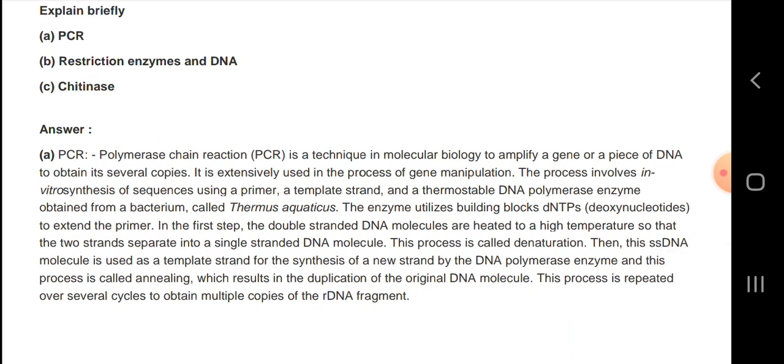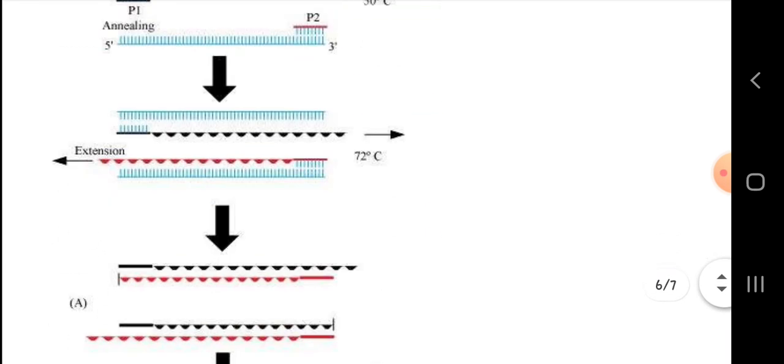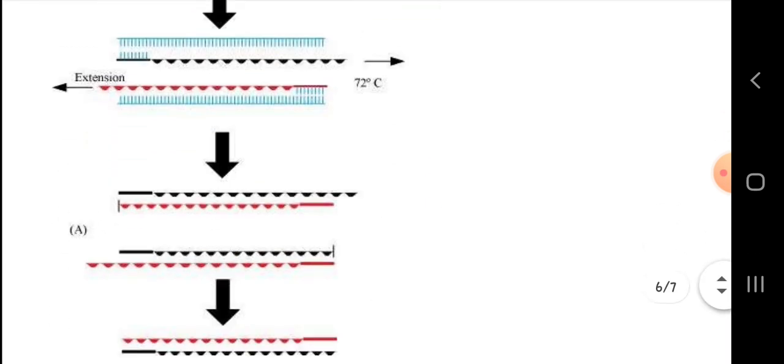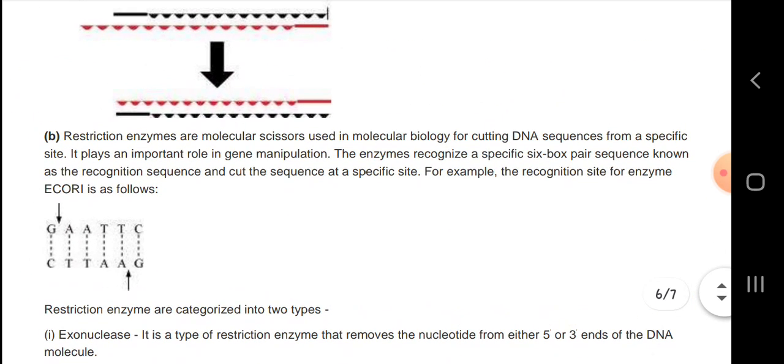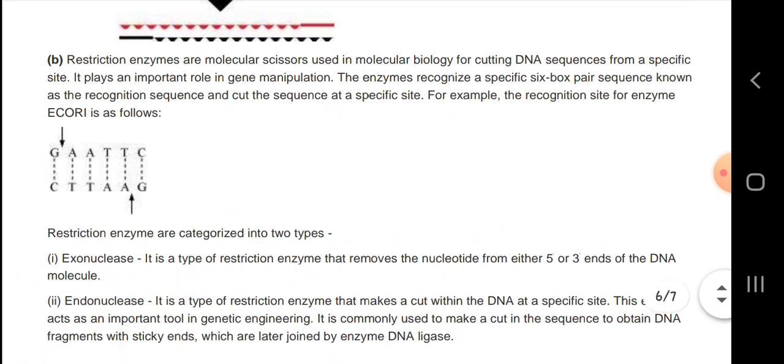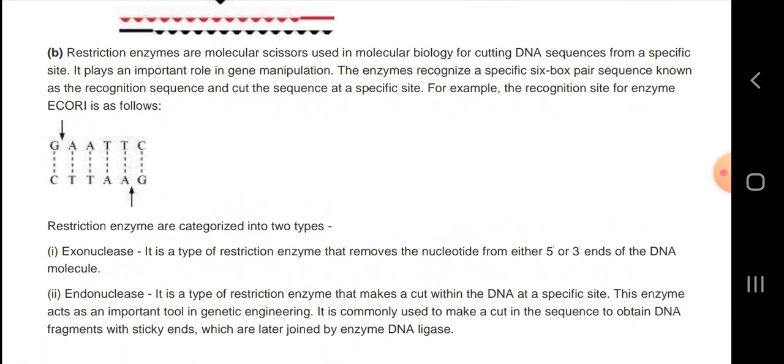Next, let us know about PCR, restriction enzymes and chitinase. PCR, the polymerase chain reaction, is a technique in molecular biology to amplify a gene or a piece of DNA to obtain several copies of it.